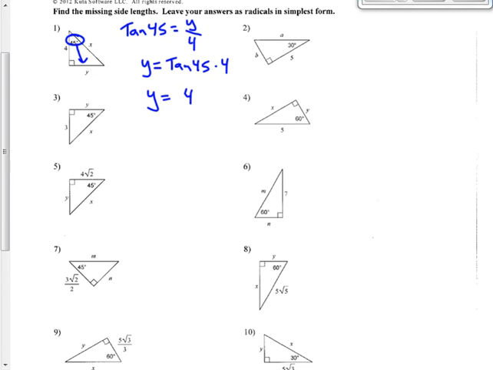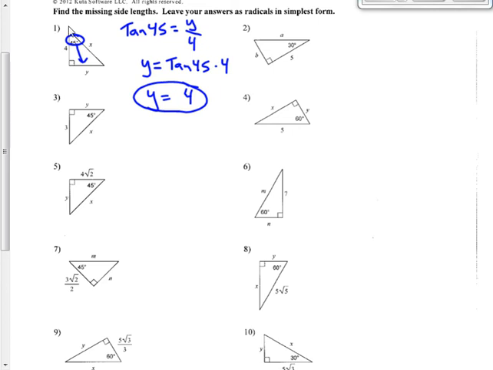Because the tangent at 45 is square root of 2 over 2 divided by square root of 2 over 2, which is 1. 1 times 4 is 4. And you want to start making a few connections on these, but we end up with y equal 4 for number 1. I still need to find x, so don't forget about finding x.